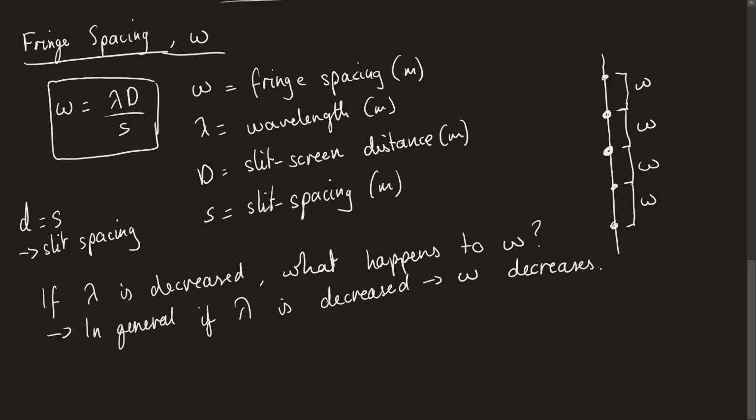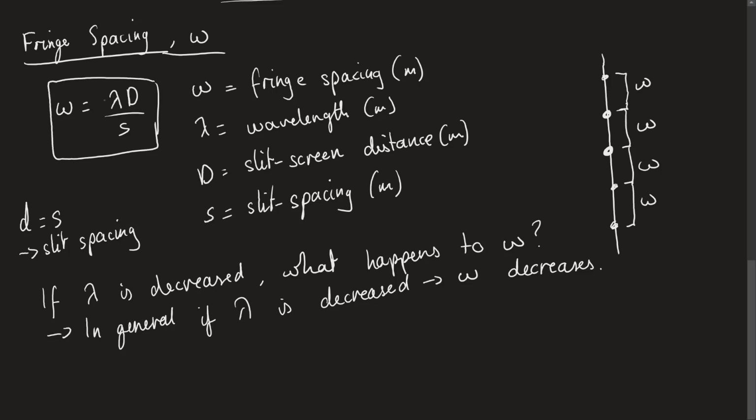So why is it that if we get to a specific value, meaning that lambda is equal to S, then it suddenly jumps up to be much bigger? That's because if we're putting in the wavelength to be different, it means we have a different source of light. And that different source of light is going to have a different amount of diffraction. We're going to look at this in the next video when we look at the difference between lasers and white light, where we can have many different things.